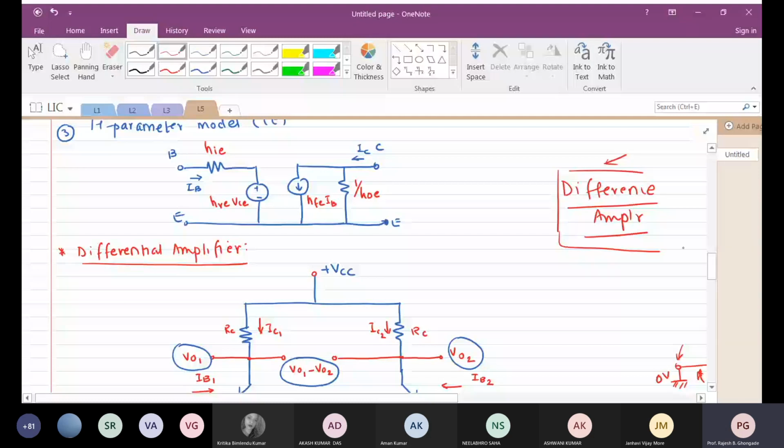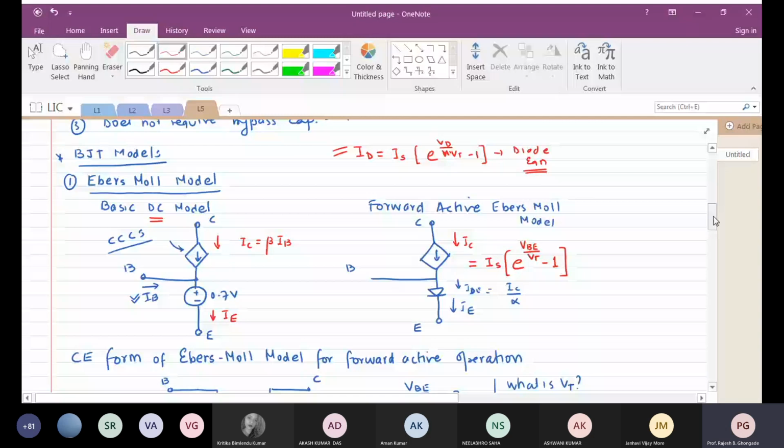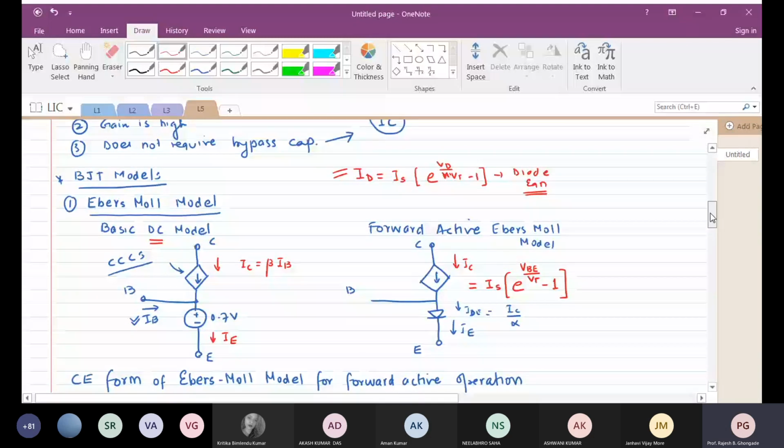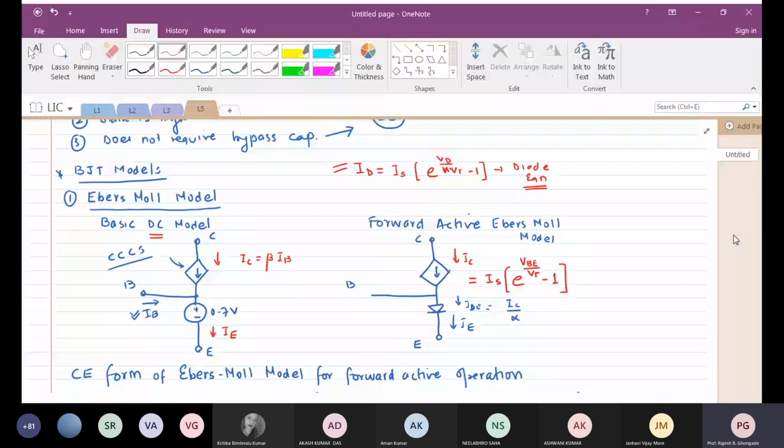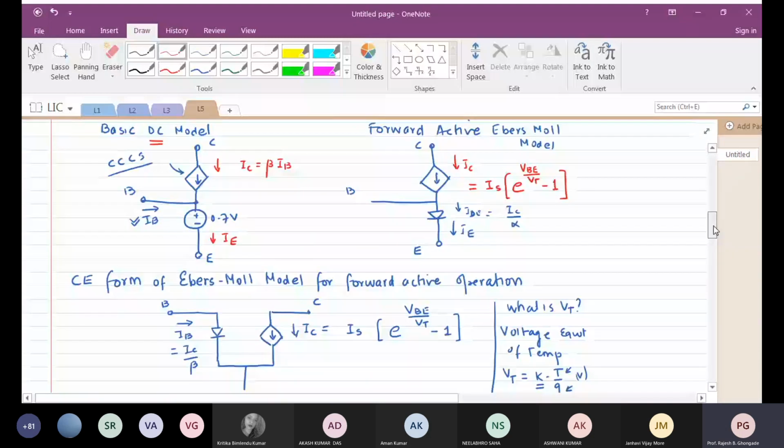So today, what were the new things that we saw? The BJT models. We have seen the Ebers-Moll model of a bipolar junction transistor, and its common emitter form.